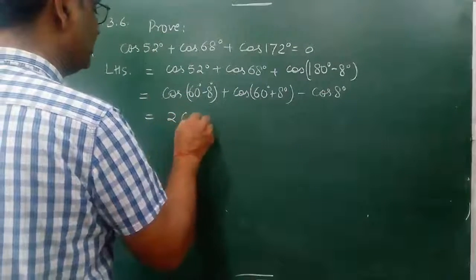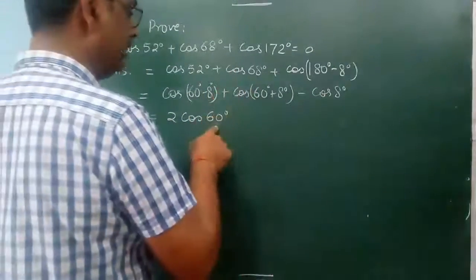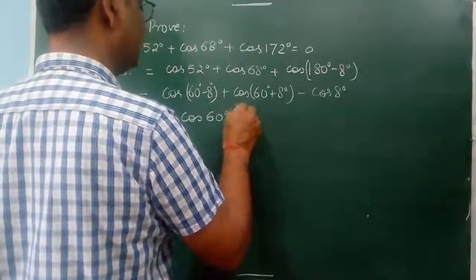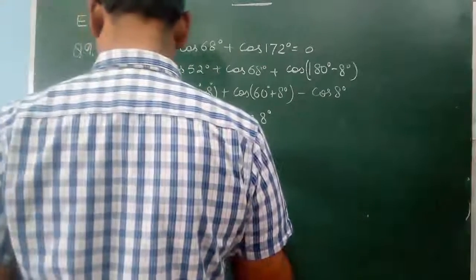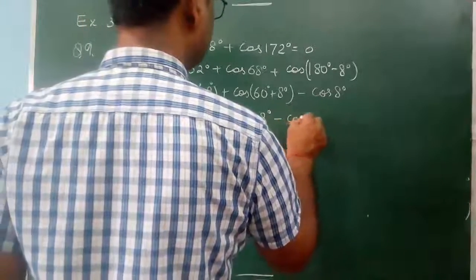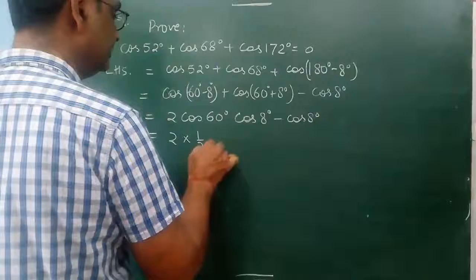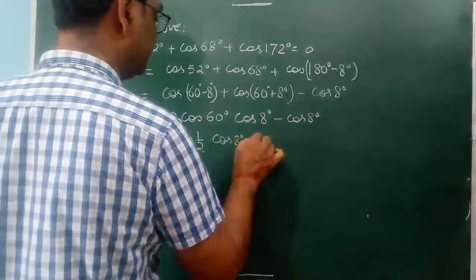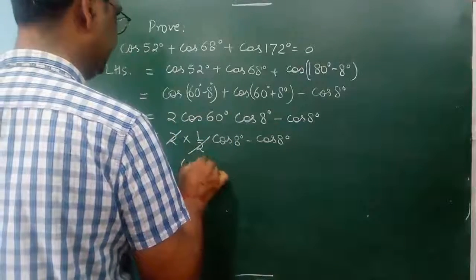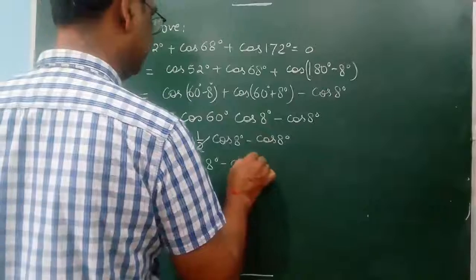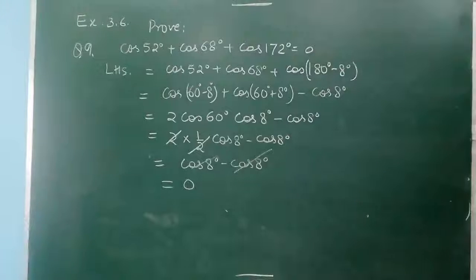This is 2 cos 60 degree. We can use the formula directly, or we can write like this, cos 8 degree minus cos 8 degree. Cos 60 degree is 1 by 2. We have got here 0.